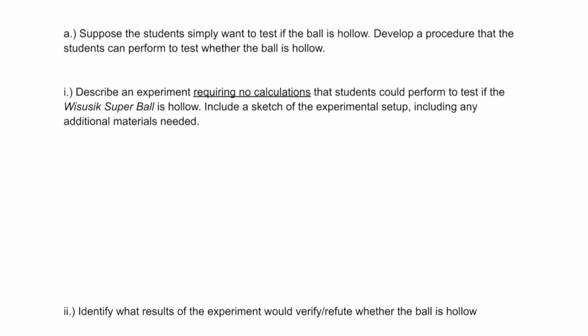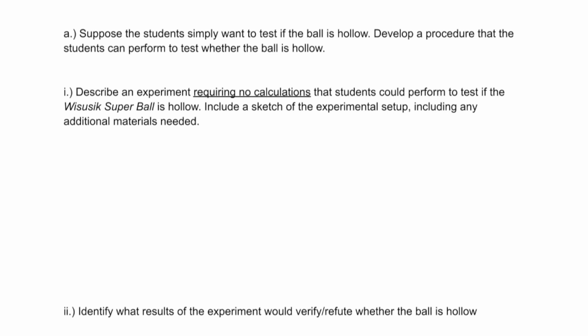So we're saying, what can we do that doesn't require any computation, but can still tell us whether this ball is hollow or not? Well, the key to this is going to use that idea of the moment of inertia shape race. So if you put a bunch of objects on top of a ramp and race them, the objects with the lowest shape constant will finish first.